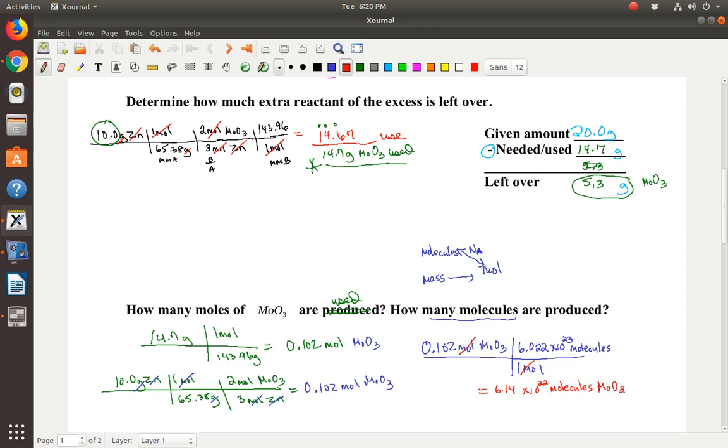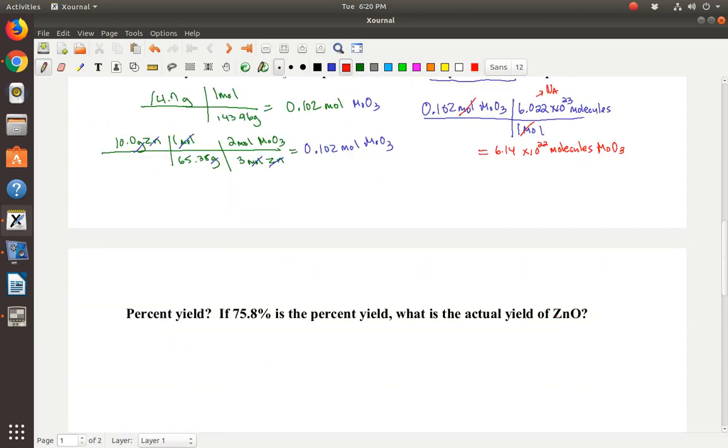And you are going to have a question that asks you how many molecules. You're going to have to use Avogadro's number. This is Na, Avogadro's number. Okay, we now go to percent yield. If 75.8 is the percent yield, what is the actual yield of zinc oxide? Okay, now let's look at the formula.